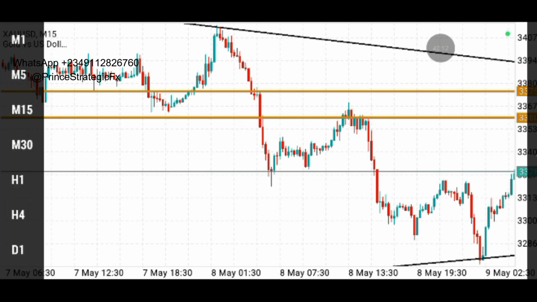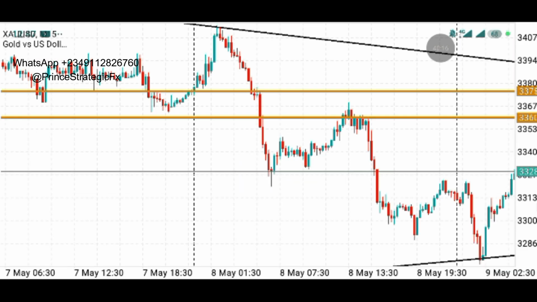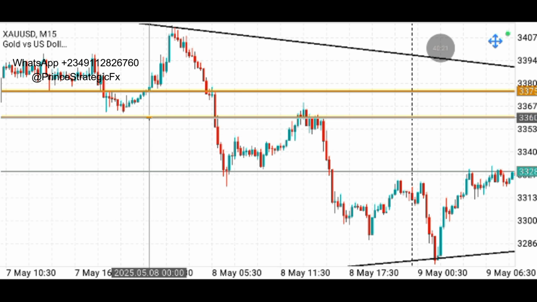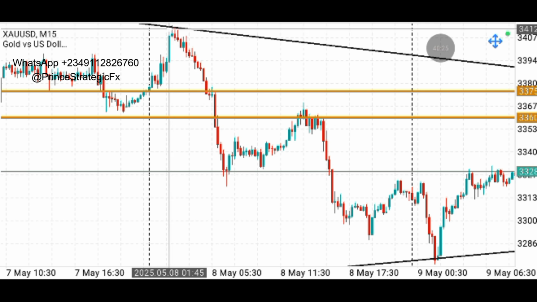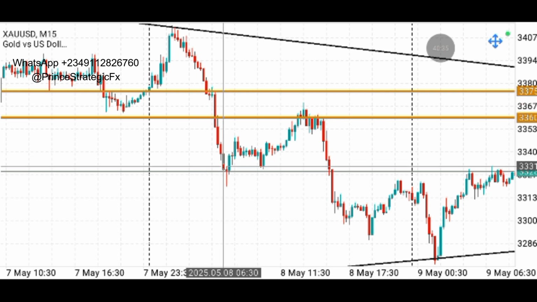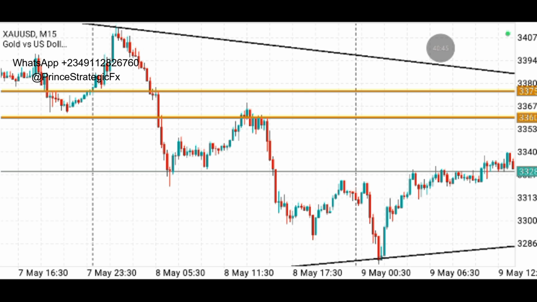If I just go to my separator and apply it, you can see that day this was where price opened, went exactly straight to that trend line I drew at the 15 minutes, came down, broke our previous daily close and open for that day, and came back to retest it. That retest was my sell. Yes, that was the analysis. The retest there was my sell.